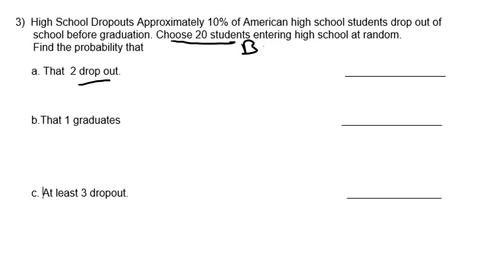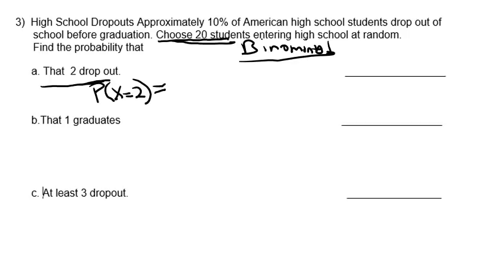So this is binomial, right? Because again, you're doing one of two things, dropping out or not dropping out. You are taking a sample and you're counting how many. That suggests binomial. So the probability that x is equal to 2 is equal to, I need to pick 2 from 20, then calculate the probability that 2 drop out.